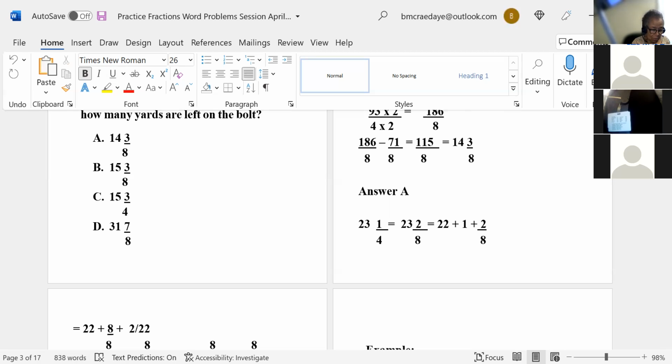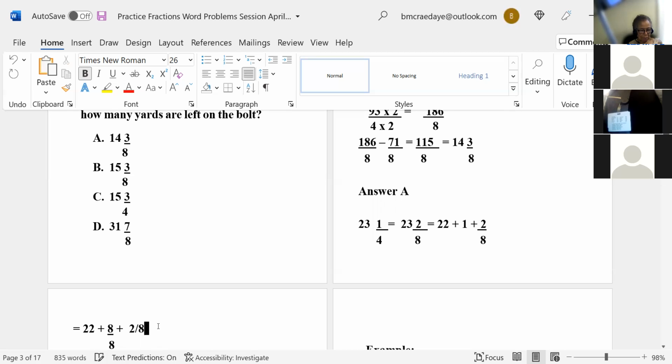Sometimes this doesn't work, so I'm just going to put 8 slash. So 22 plus 8 over 8 plus 2 over 8 is equal to what, Mercedes? Please repeat that. 22 plus 8 over 8 plus 2 over 8. What is that equal to?